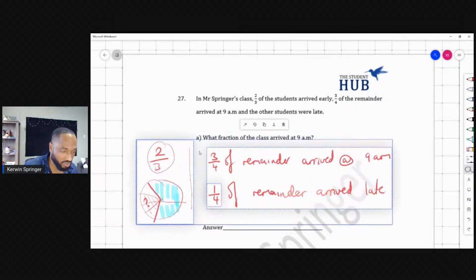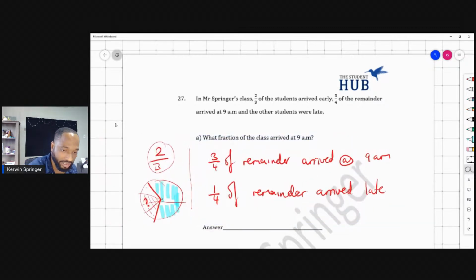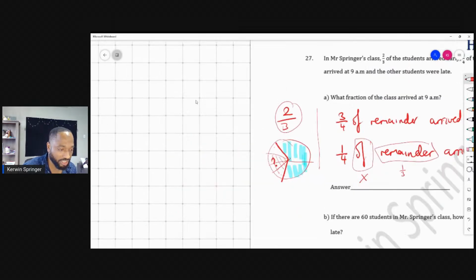Now I was trying to get some space to do the working. This "of" can change to multiply, and this remainder is really 1/3, because 2/3 arrived early. The remainder was 1/3. You see the remainder there? So I really want to find how much is 1/4 of 1/3.